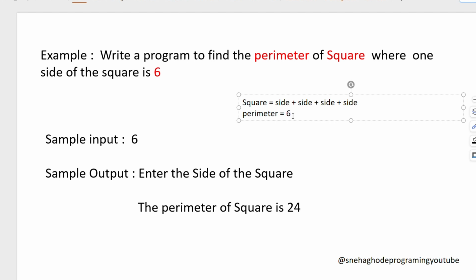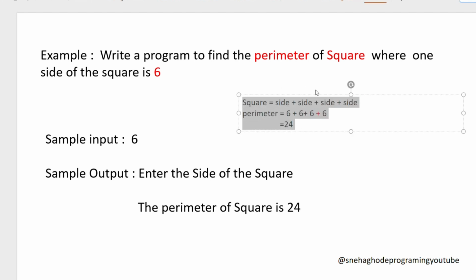It is 6, then plus 6, then again 6, so what is the value of the perimeter? 6 plus 6 plus 6 plus 6, 24, right? So that 24 should be our output. For performing this task, we are performing the addition operation. Okay, addition operation, right? Yes.